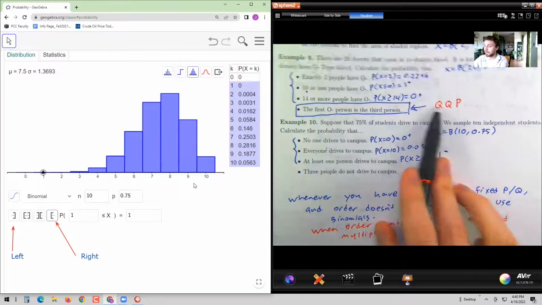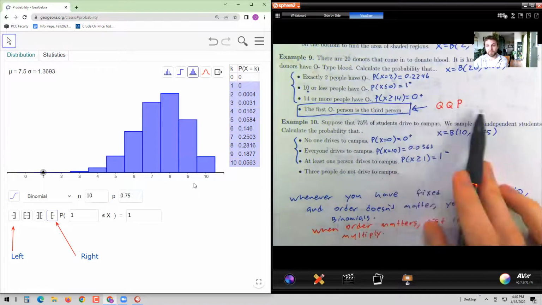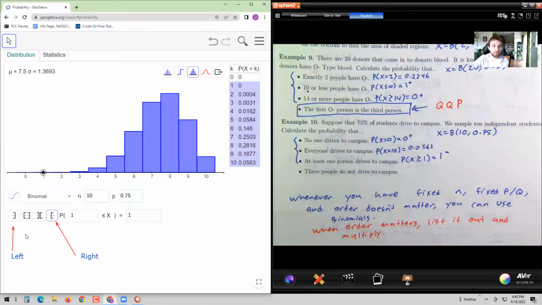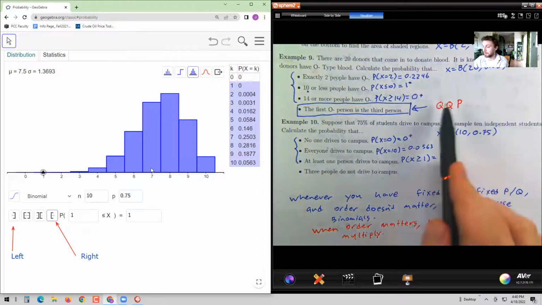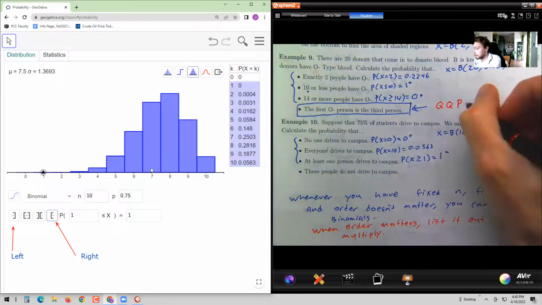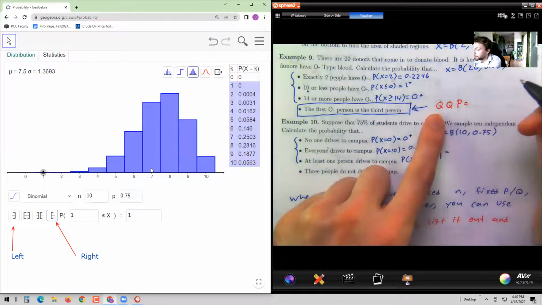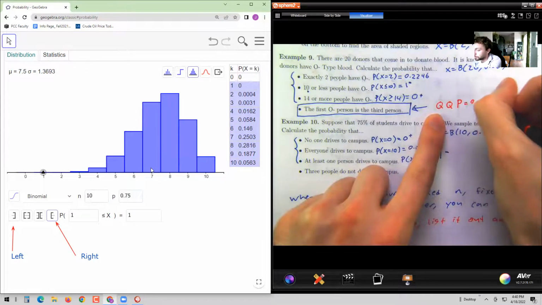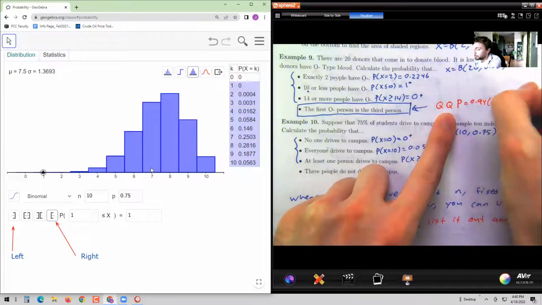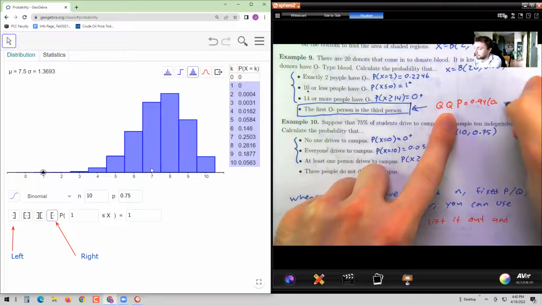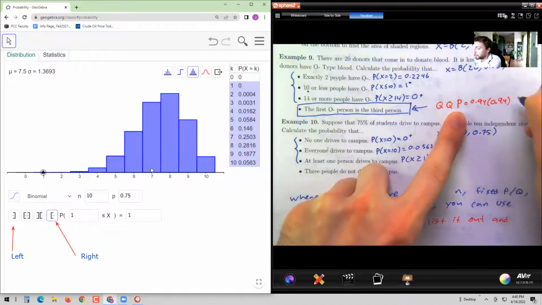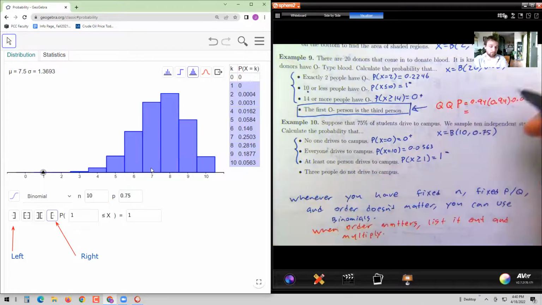So if you could write it out as a specific sequence of events, you don't need to use GeoGebra, you just need to multiply those probabilities. The probability of not being O negative is 94%. Probability of not being O negative is 94%. The probability of being O negative is 6%. I'm going to type that into my calculator to see what I get.